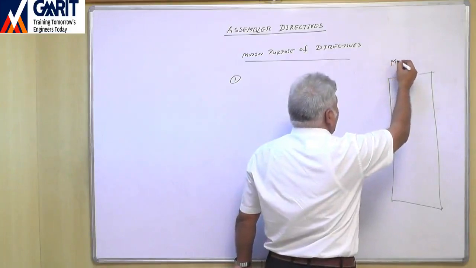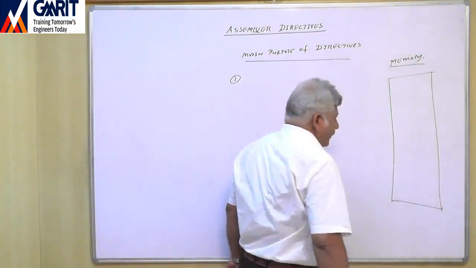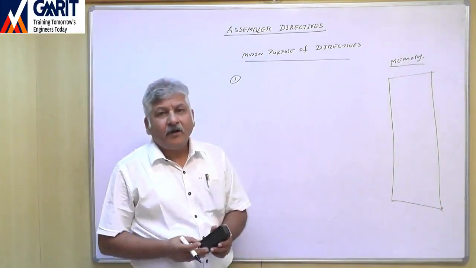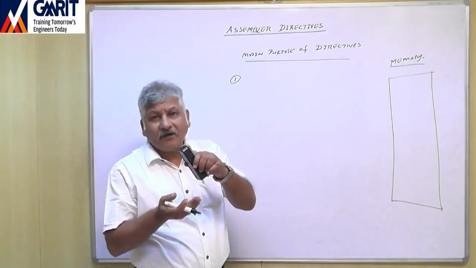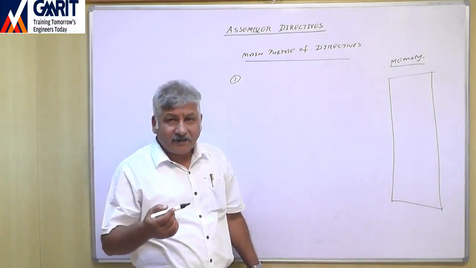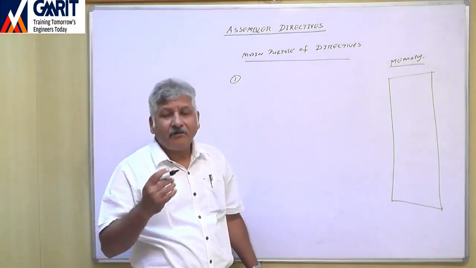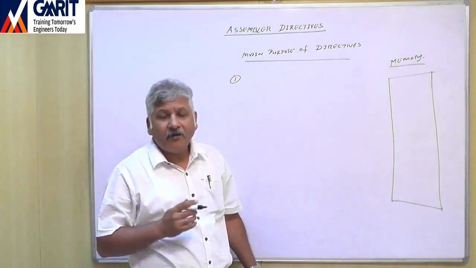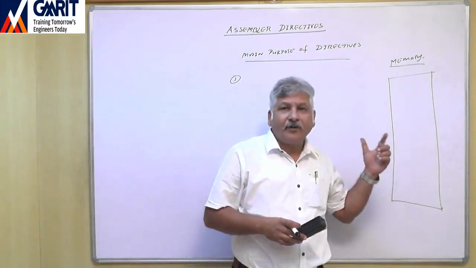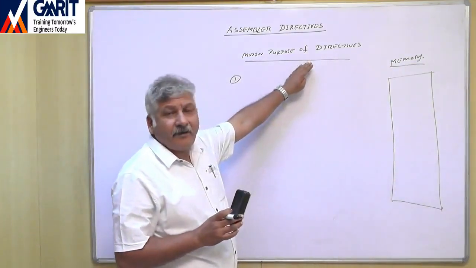This is our memory. Now in this total memory, which particular section of the memory will act as code memory, which particular section will act as data memory, extra segment memory or stack segment memory? All this allocation of the memory will be taken care of by assembler directives.